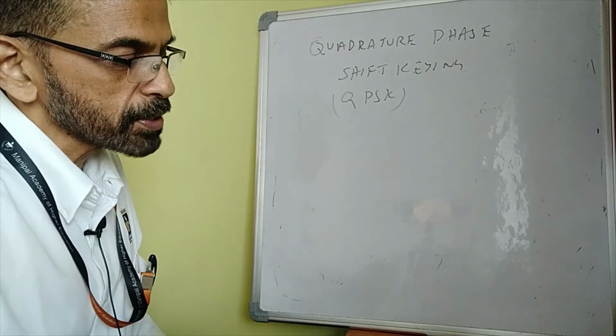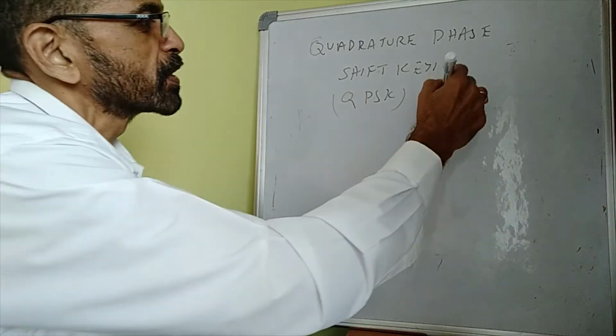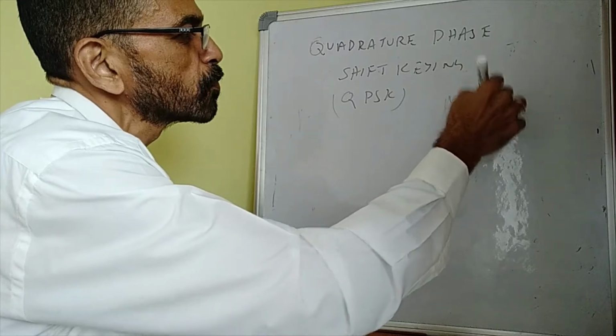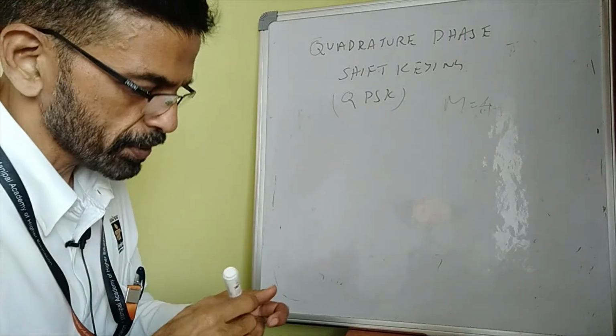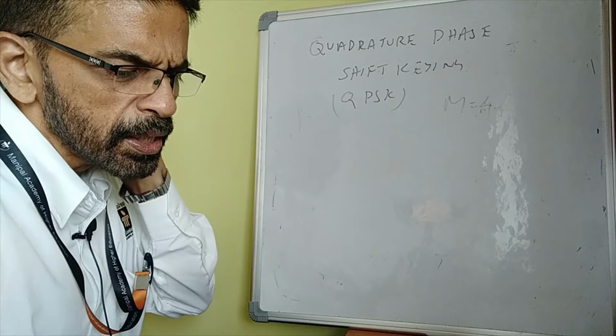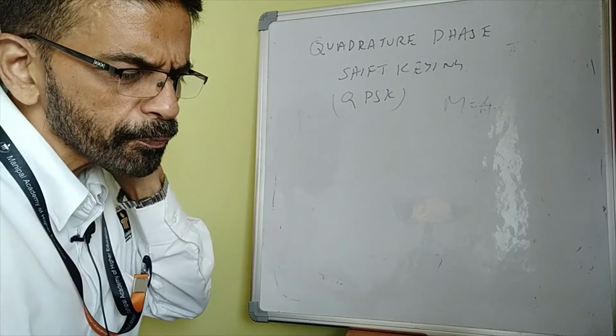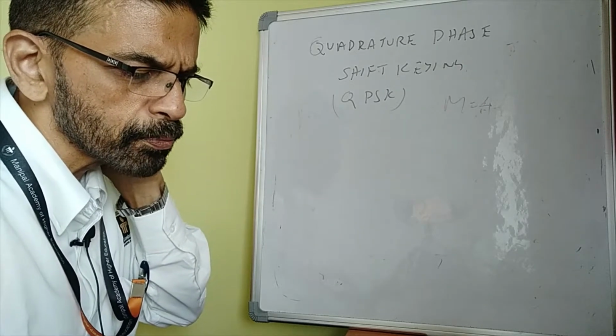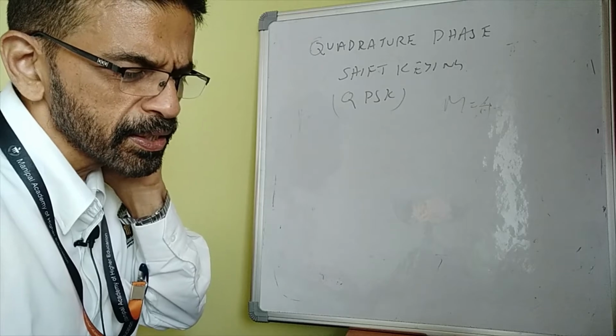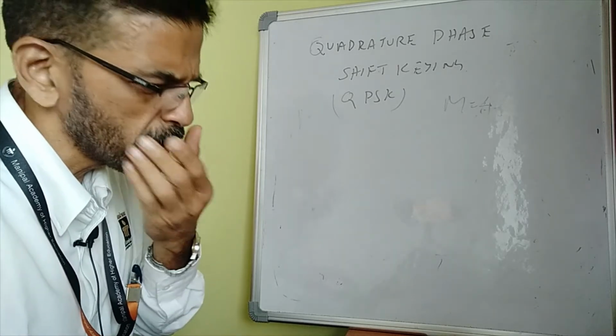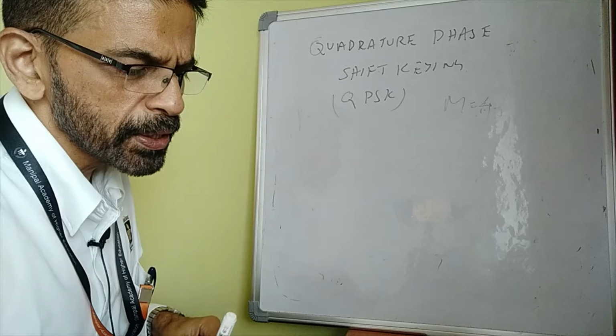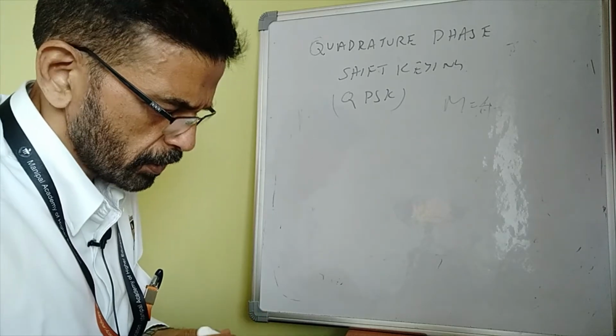So when you speak in terms of M-ary PSK, M becomes 4 here, because this is a quadrature phase shift keying scheme. And of course it's possible to extend this to 8 PSK and so on and so forth, which we will discuss later.